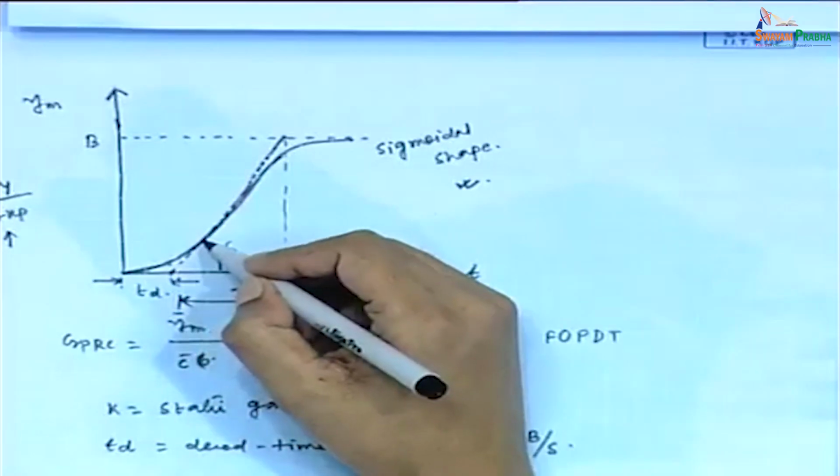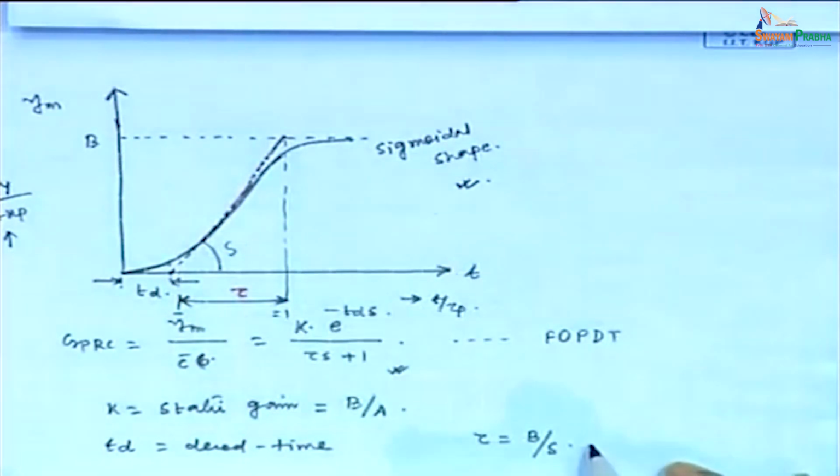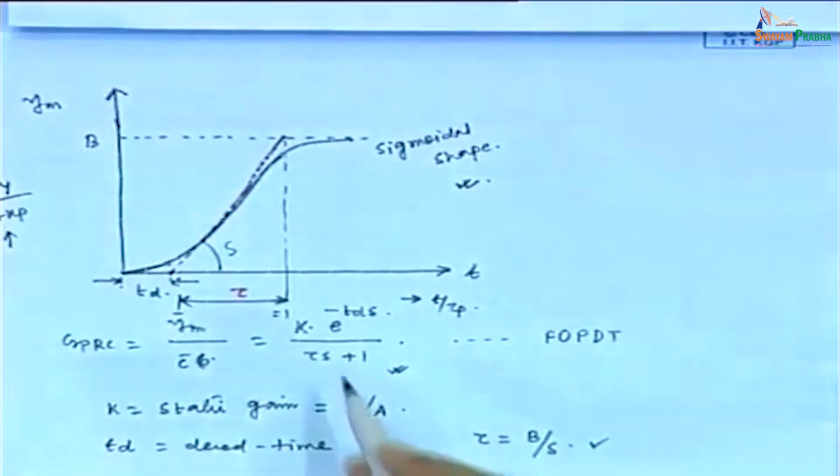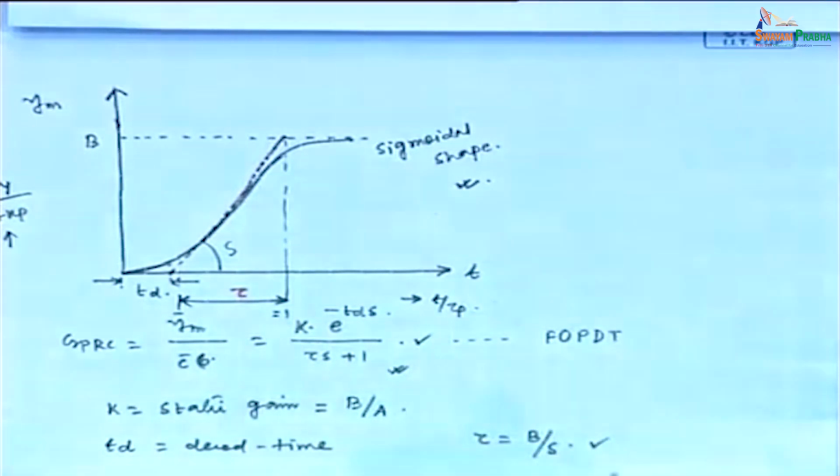If s is the slope of this tangent starting from t equals 0, then we can write tau equals b by s. Fine. So, in this way we can determine all the parameters involved in this expression.